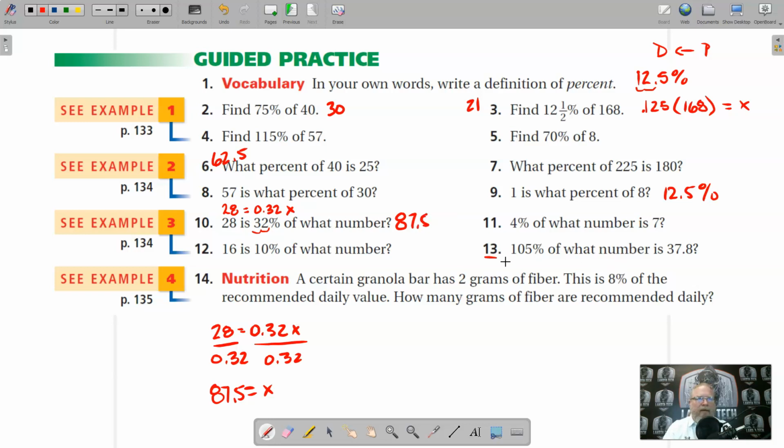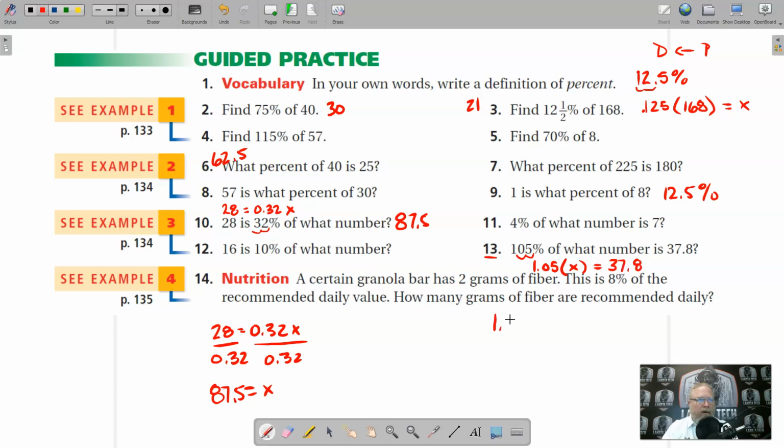And let's try a percentage greater than 100, so 105%. 105% as a decimal, move it over two places, is 1.05. Of means to multiply. What number is the unknown? So that's x. Is means equals, and 37.8 is our number there.